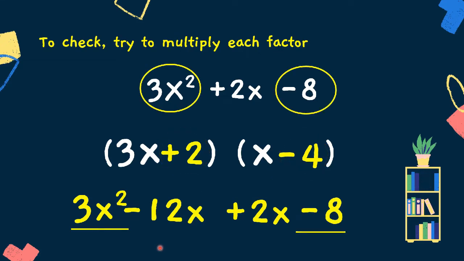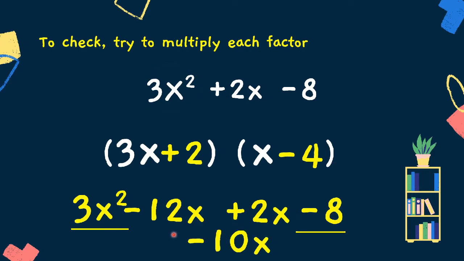So notice that the first term and third term match our original polynomial. So we will combine like terms. Negative 12x plus 2x will give us negative 10x. Notice that it is still not the same as the second term of the given polynomial.